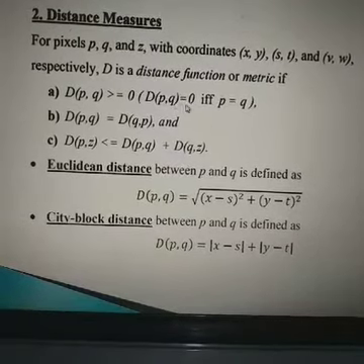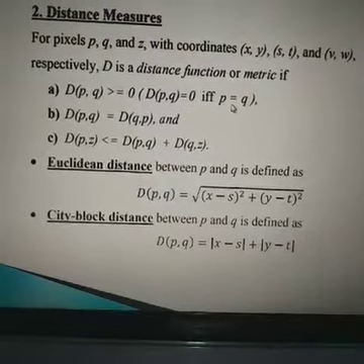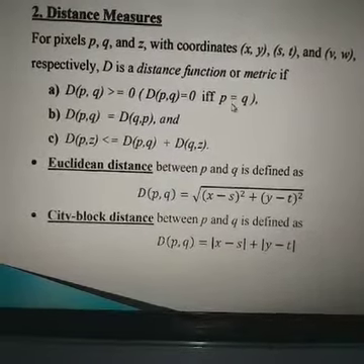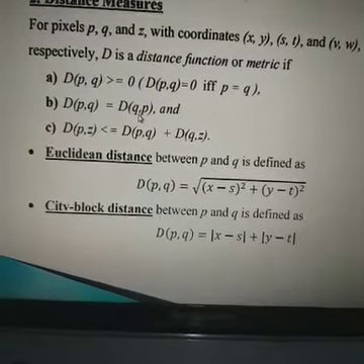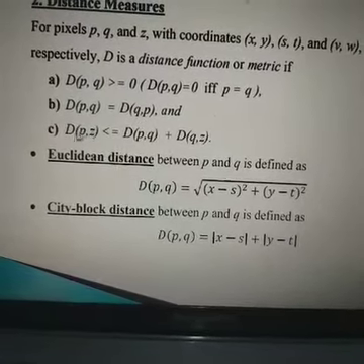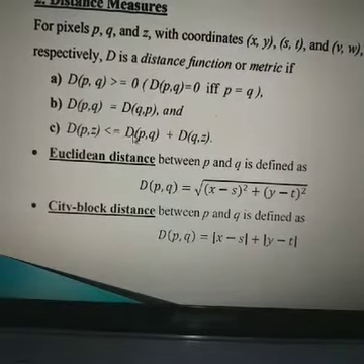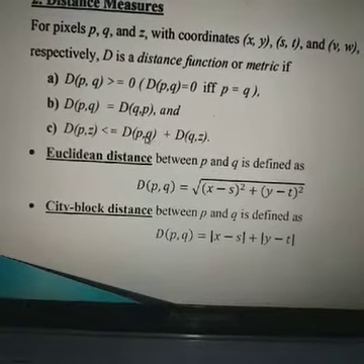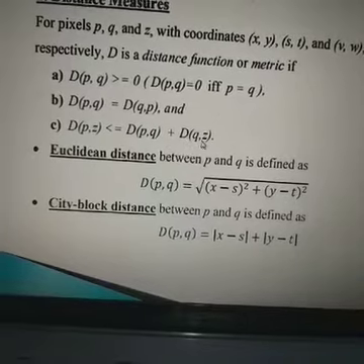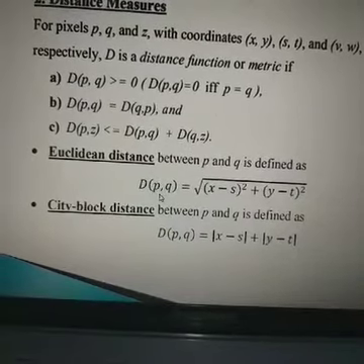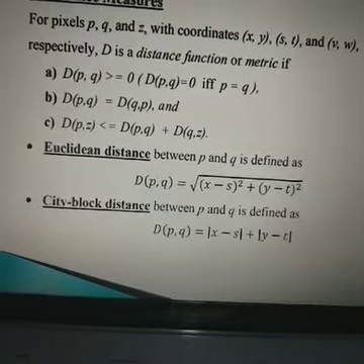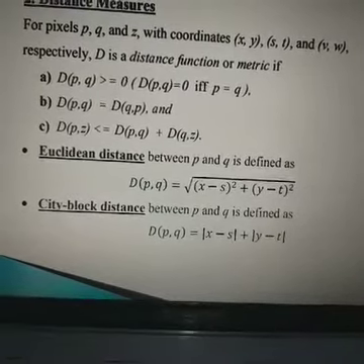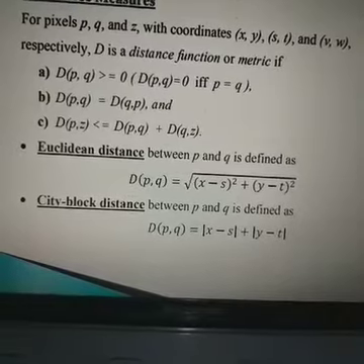Further, D(p,q) equals 0 if and only if p is equal to q. Next, the distance of p and q is equal to the distance of q and p. They can be equal. Next, D(p,z) is less than or equal to D(p,q) plus D(q,z). So there are some conditions: D is a distance function if and only if it follows these three conditions.